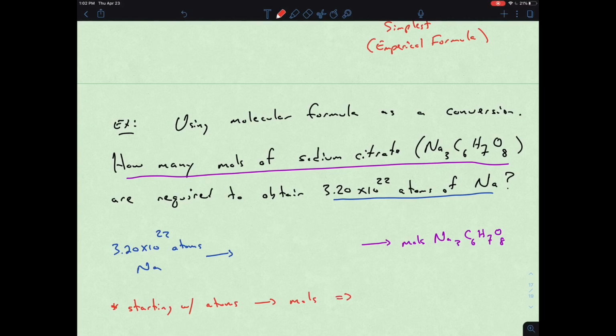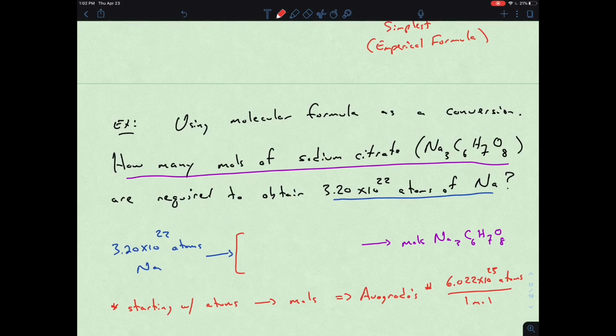And so I immediately think of Avogadro's number, right? That there's 6.022 times 10 to the 23rd atoms in 1 mole. So I can put that within this context, right?